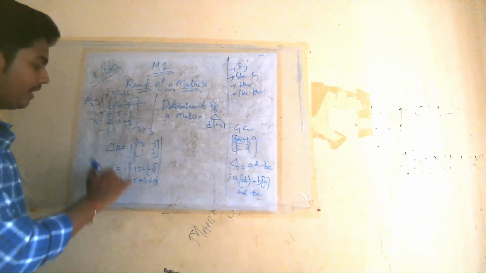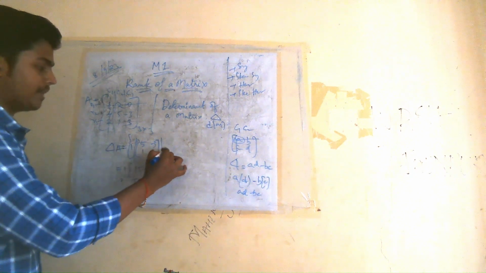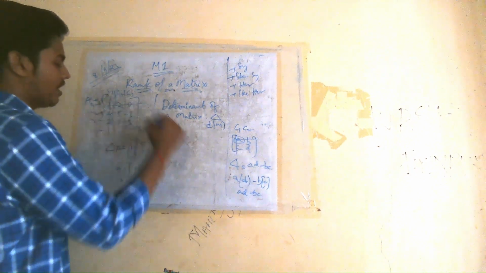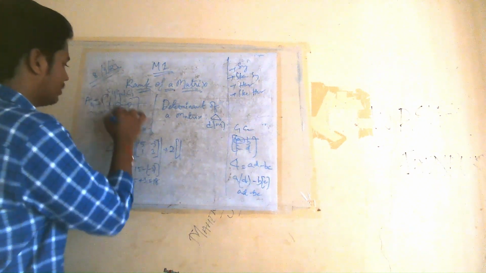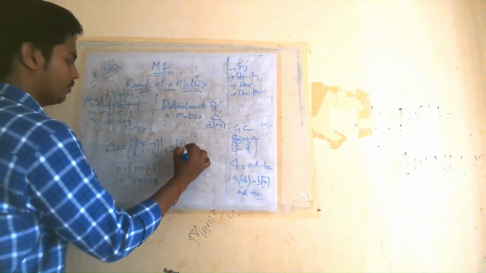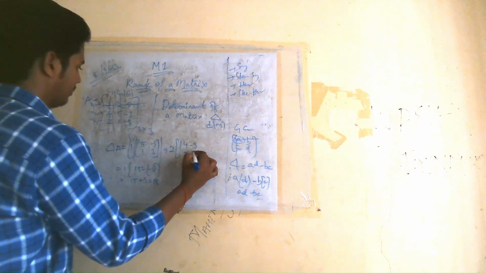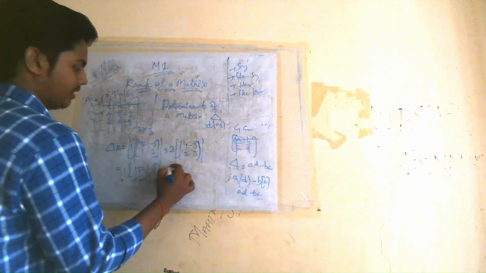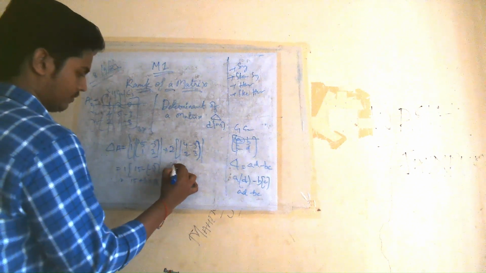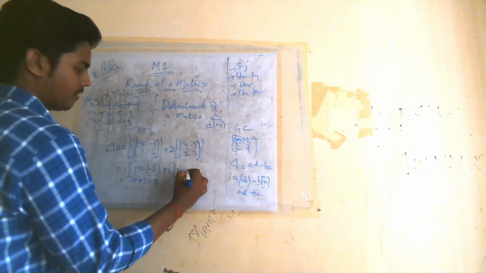So this is not the total determinant of A. Plus, in the same way with 2 also you have to do it. 2 into the determinant of, close these, and take 4 2, 3 minus 3. That is nothing but plus 2 into 12 minus of minus into 6.